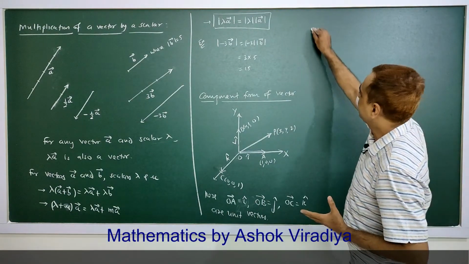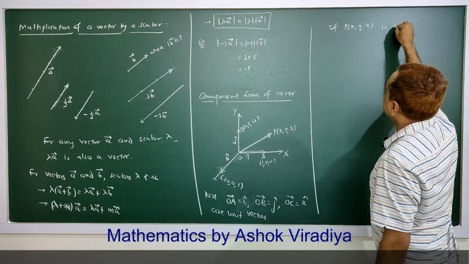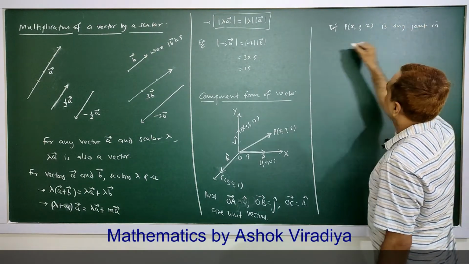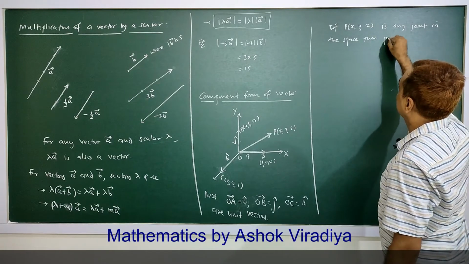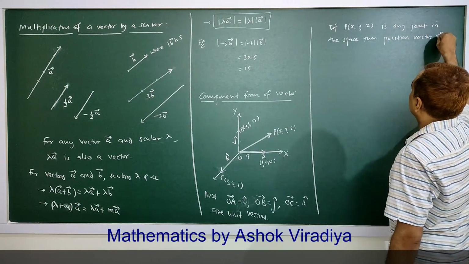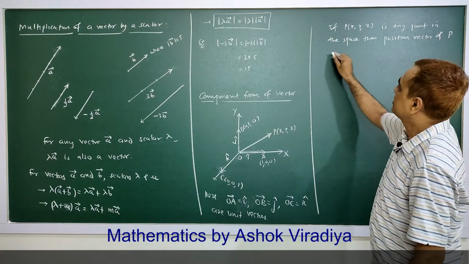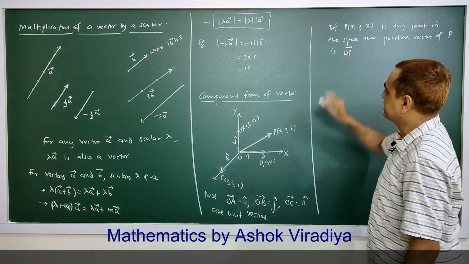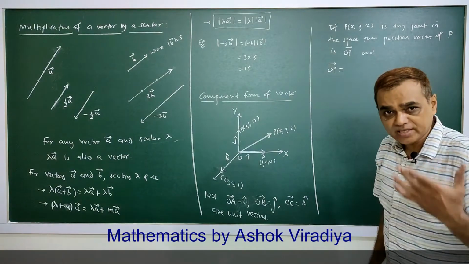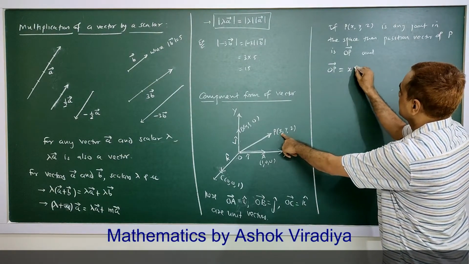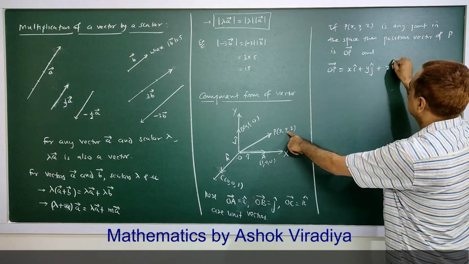Now look, if P(x, y, z) is any point in space, then the position vector of point P is vector OP, and vector OP is represented as x times i cap plus y times j cap plus z times k cap.